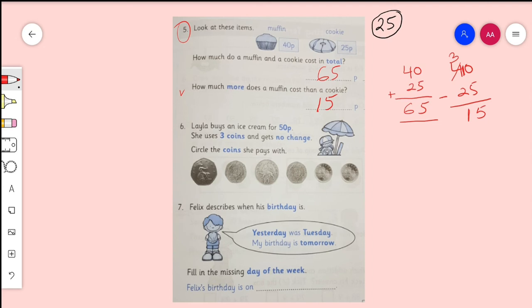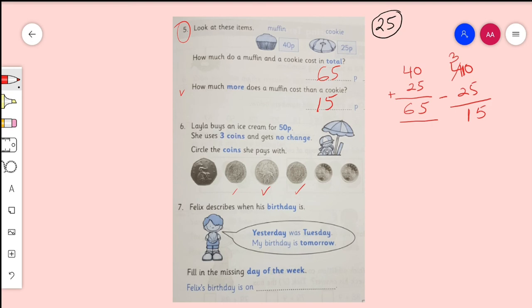So let's look at the coins we have. We have a 50p, right? And then we have a 20p, 10p, 20p, 5p, and 5p. The 50p is only one coin, right? That's not possible because she spent 3 coins. So the 50 is not the answer. Then if we look at 20 and 20 makes 40, that's 2 coins, and 10. So 20 plus 20 plus 10 makes 50.